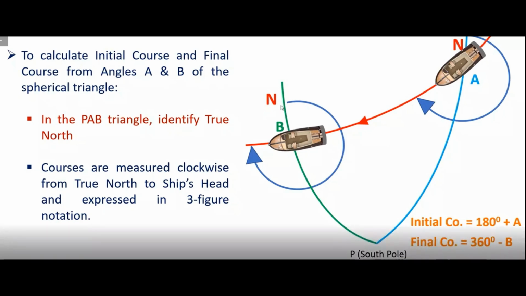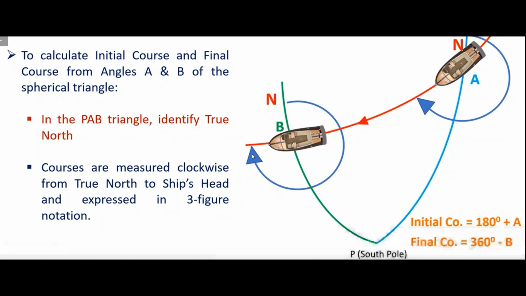So if I subtract this outer angle B from 360, it will give me my course. So that is what we have done here. 360 minus angle B gives me my final course. So is it clear now, beta? Yes sir.